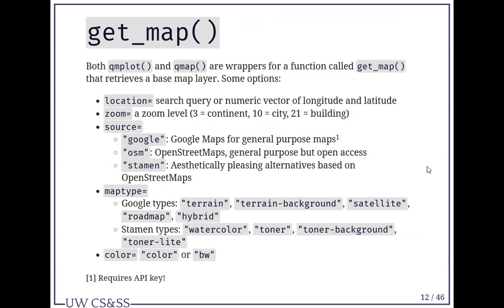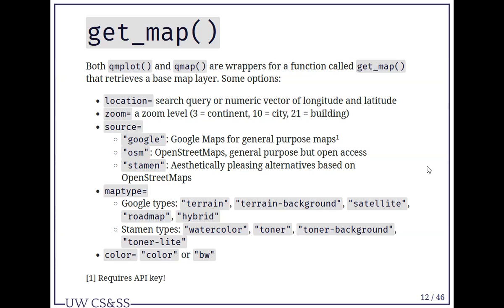The getMap function is sort of underlying the qmplot and qmap functions. This retrieves the base map layer. Some of the options available for it are things like the location, where you can use a search query or a numeric vector of longitude and latitude in order to get that base map layer.